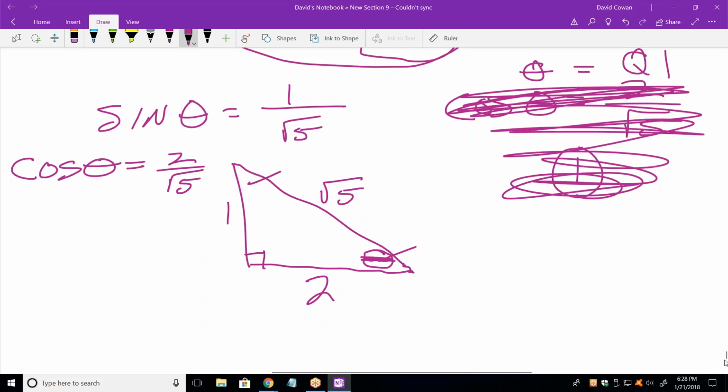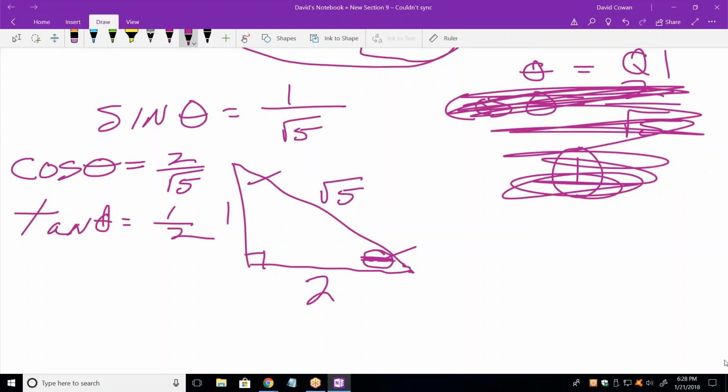What's tangent of theta? That's 1 over square root of 5. No. So could TOA. TOA is opposite over adjacent. Oh, over adjacent. So it's over 2. Okay.